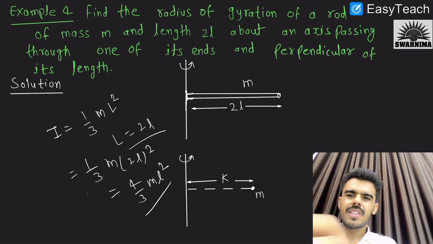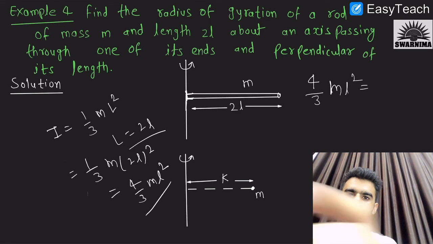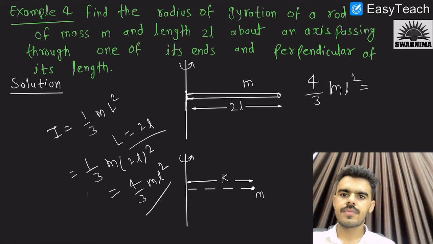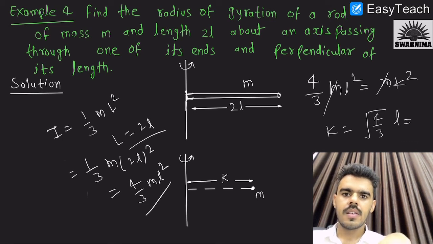So this 4 by 3 ml square is equivalent to m k square. So from here m is cancelled out by this m, and k is equal to under root of 4 by 3 l. So it becomes 2 by root 3 l.